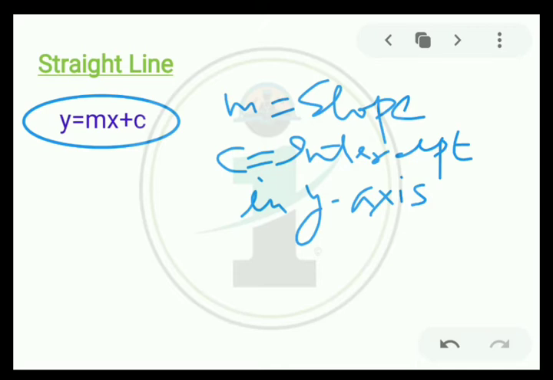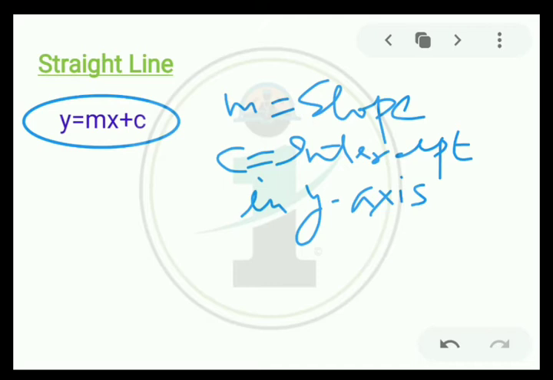So this is the thing. That part of the straight line we already discussed in our previous video, you can check. So these are the features of a straight line.